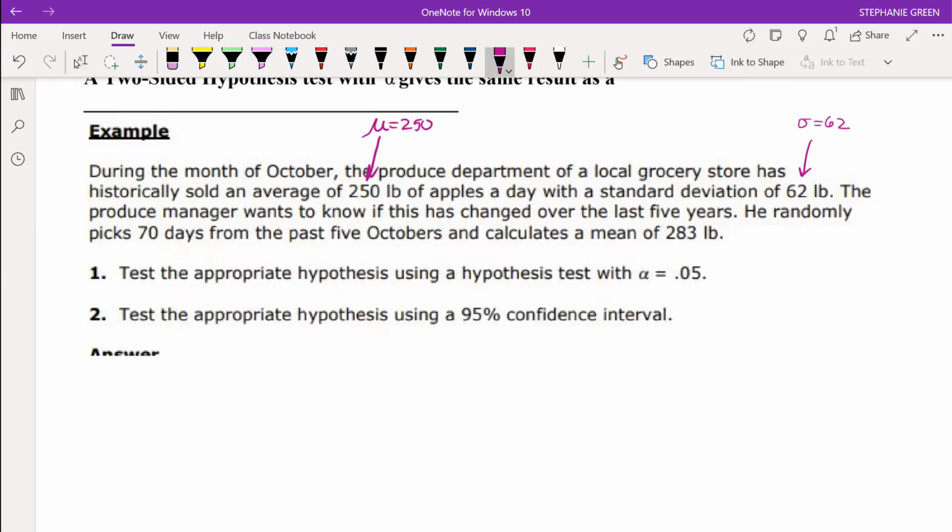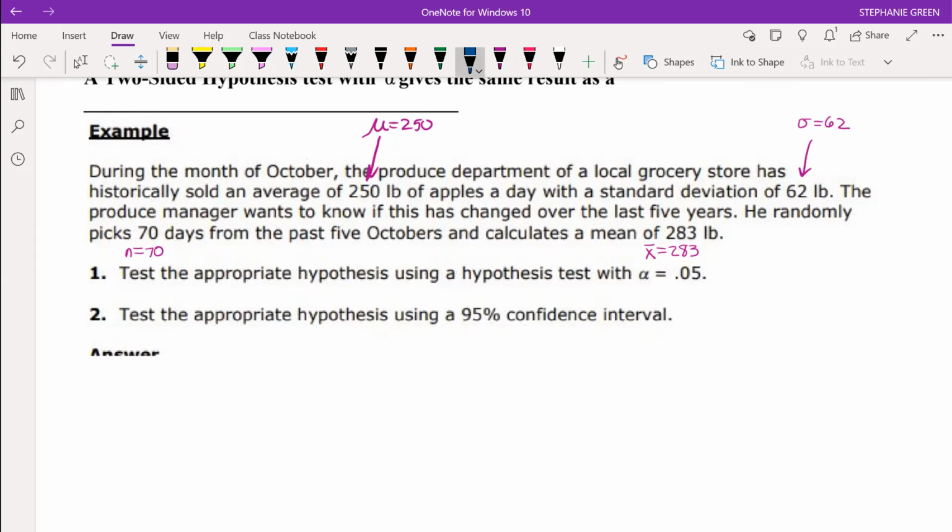The produce manager wants to know if this has changed. So we want a two-sided test: not greater than, not less than, but simply different. He randomly picks 70 days in the past 5 Octobers and calculates a mean of 283 pounds. Test the appropriate hypothesis using a hypothesis test with a significance level of 0.05. Then test the appropriate hypothesis using a 95% confidence interval.